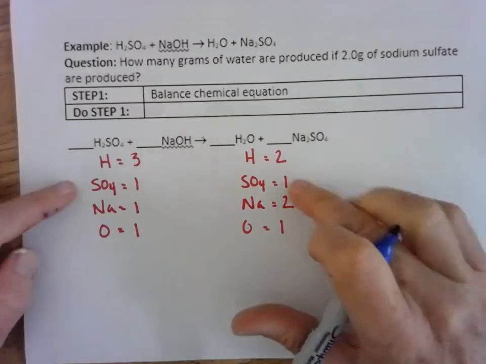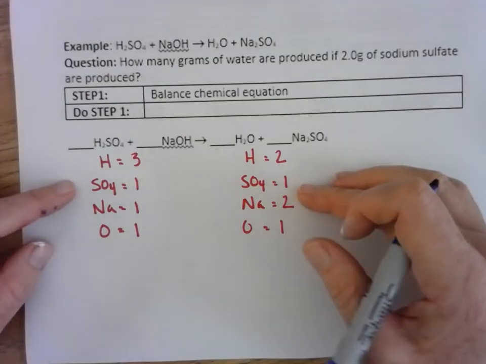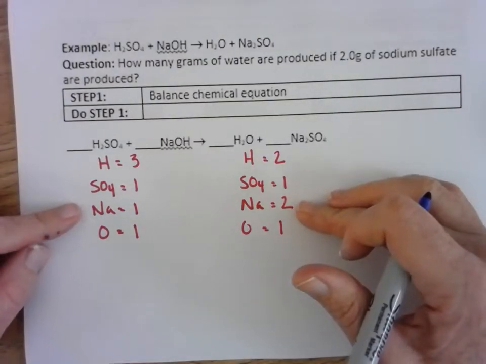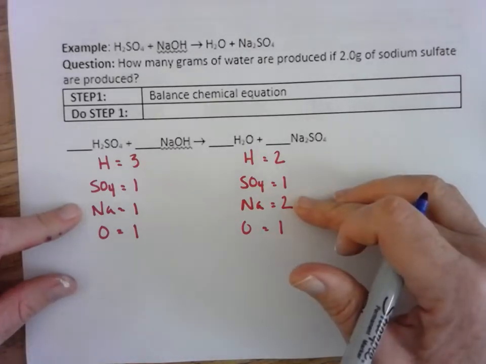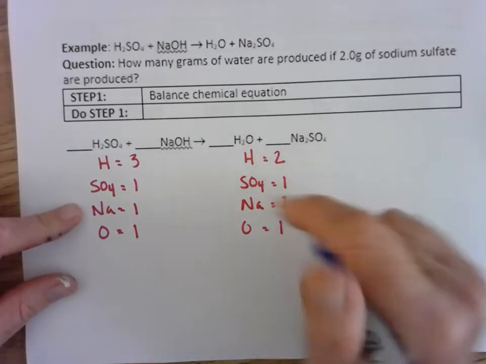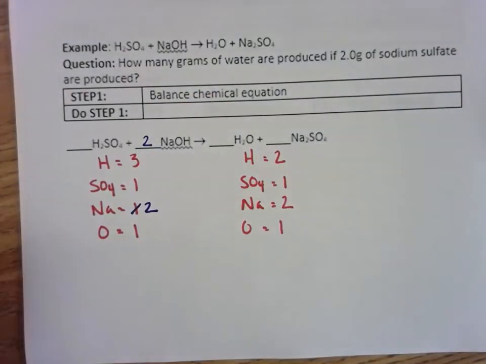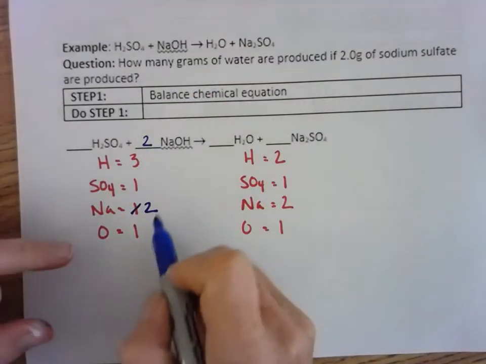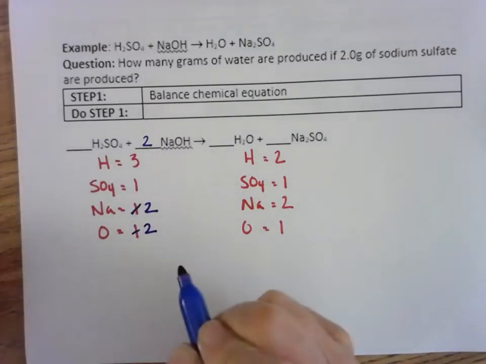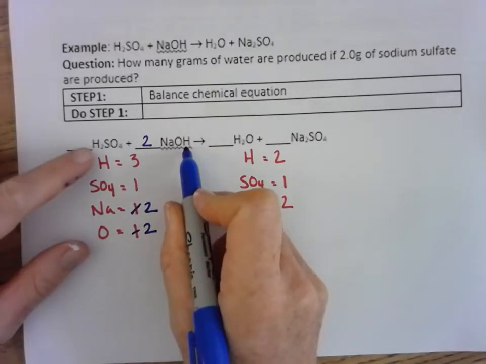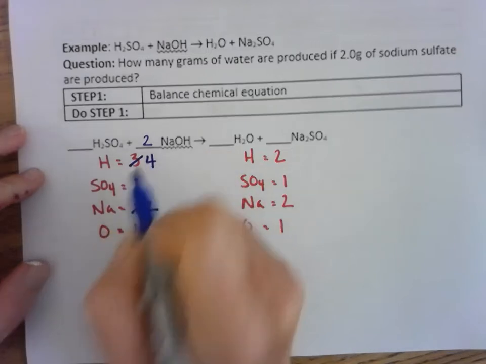SO4s are good, so I'm going to move down to sodium. I have 2 on my product side, so I'm going to put a 2 in here and change that also to a 2. Now my oxygens are 2, and I have 2 hydrogen here plus 2, so I have 4 total.